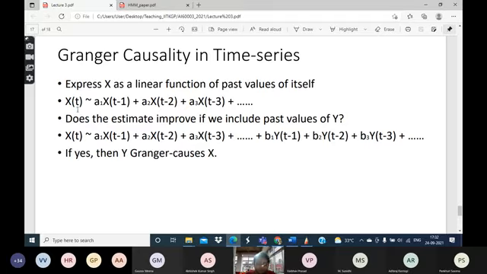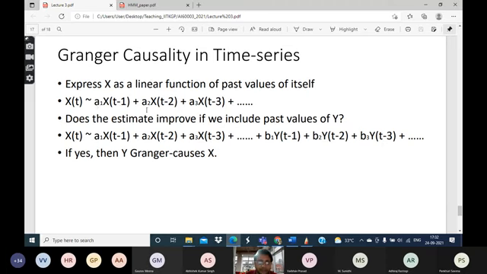Now what you try to do is express x, the time series x, as a function of its own old values. This is basically nothing but the autoregressive model which we had talked about 3 or 4 lectures earlier. You remember the ARIMA model and so on, which we had earlier discussed.